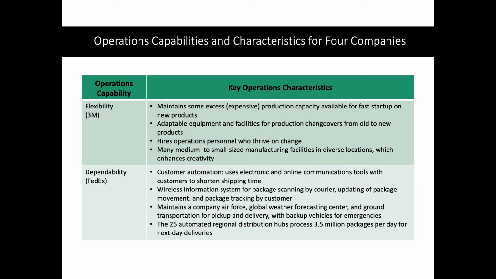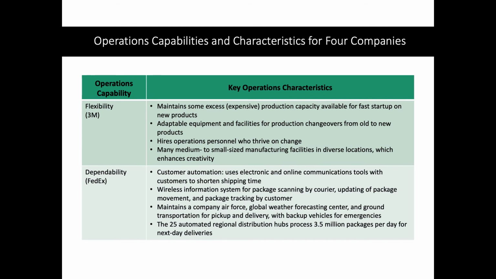And in this slide, the last two companies, we won't go through every bullet point, but you can see with the 3M company, whose strategy is flexibility, that they always maintain excess production capacity so that when a new idea comes up, they can get it to market quickly. Or look at the third bullet point.